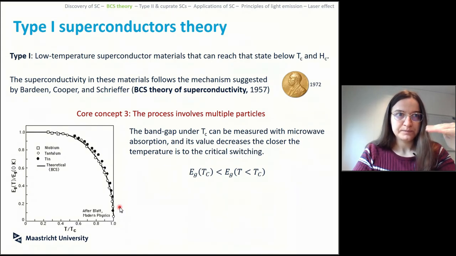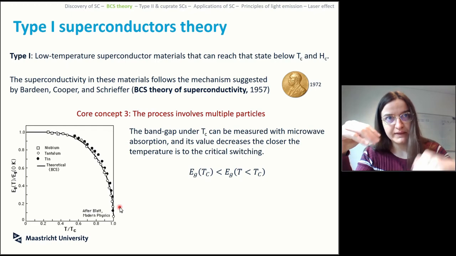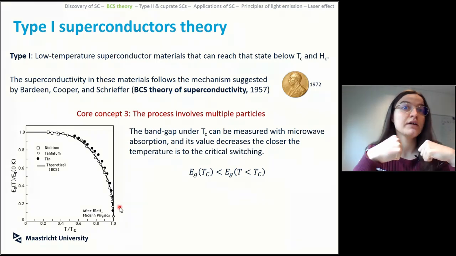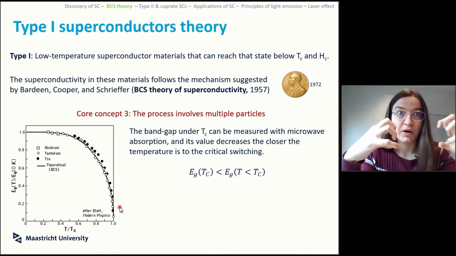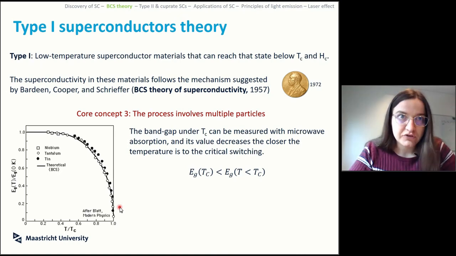Whereas when you go lower and lower below the critical temperature, you have a stronger and stronger connection between whatever is going on in this two-body behavior. So once again, the single electron must be eliminated from this picture.